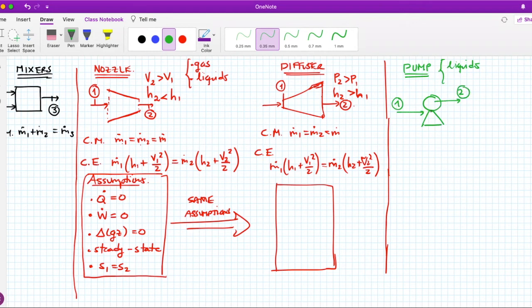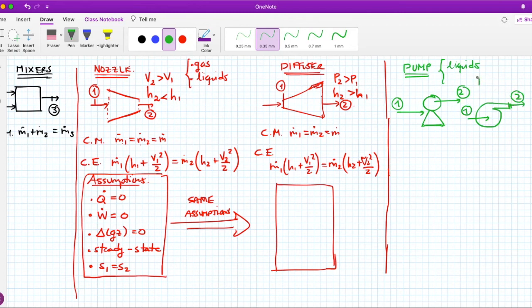It doesn't really matter where you put the arrows, but the drawing is a little bit important so that you can recognize it. There are also other ways to draw it. There are books that put it like this: they put 1 inside and 2 outside, okay? That's another way to draw a pump.